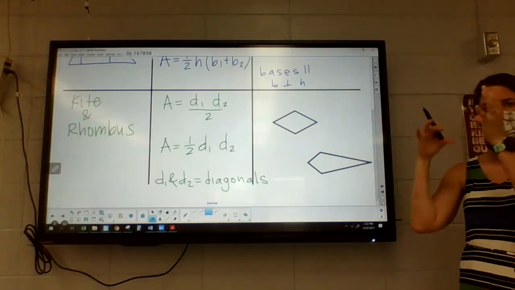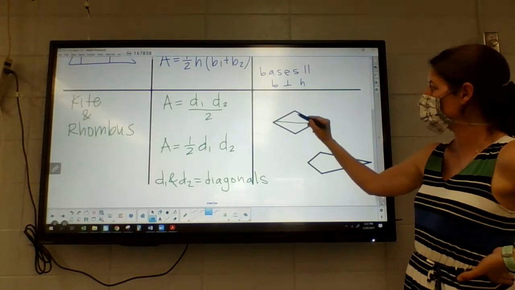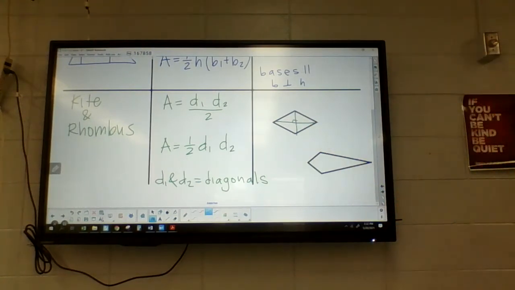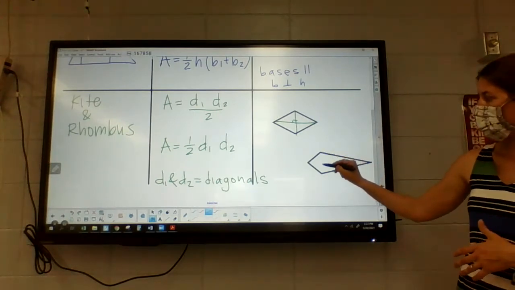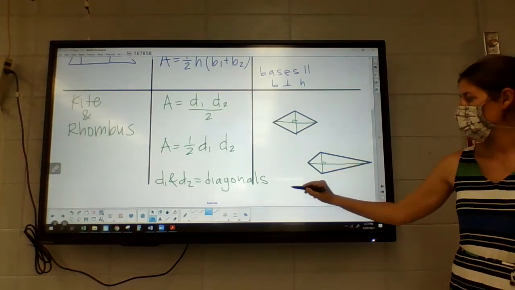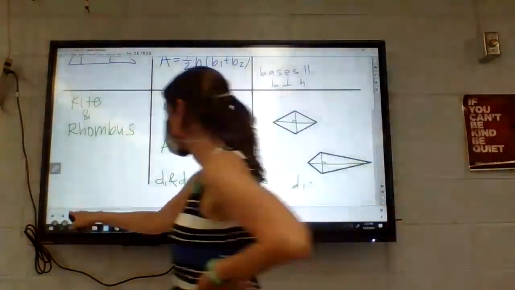So this is a rhombus, kind of a skew one here. So the D1 and D2 would be going across the middle, and remember they're always perpendicular. So we'd have to remember that piece of it. So D1 is perpendicular to D2.